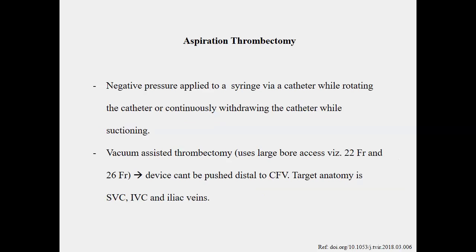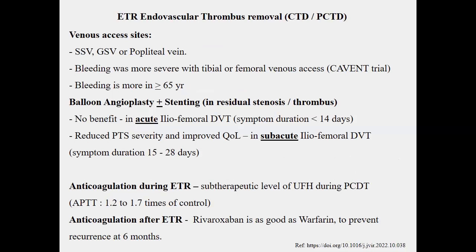So, to conclude, the preferred venous access site for endovascular thrombus removal is either the popliteal vein, or the long or short saphenous vein. In the CAVENT trial, the bleeding was significant where they punctured the tibial and femoral vein, and bleeding was significantly more in elderly patients more than 65 years of age.